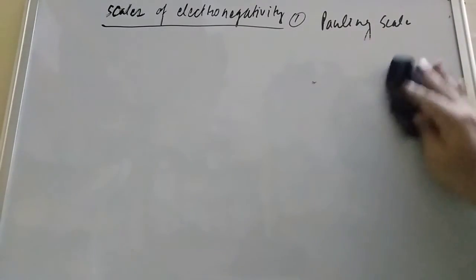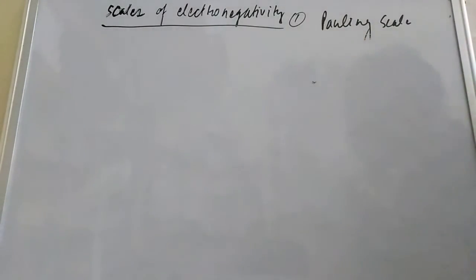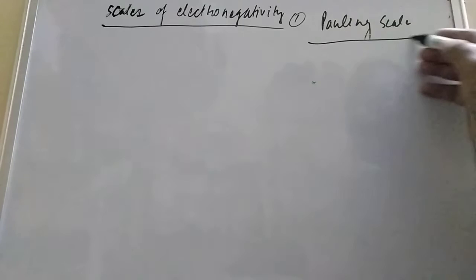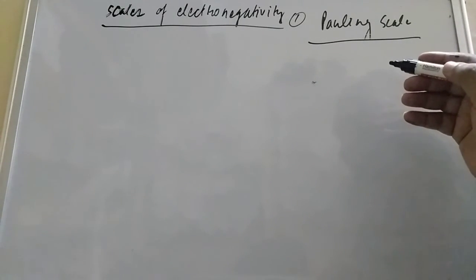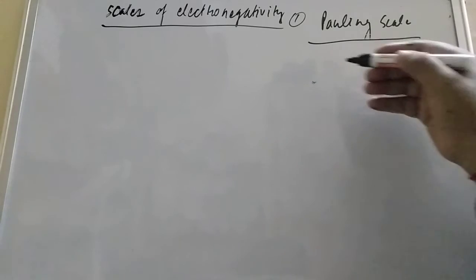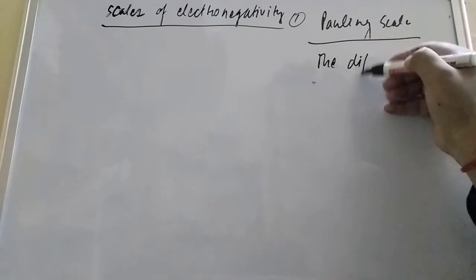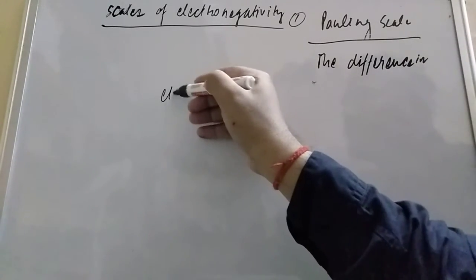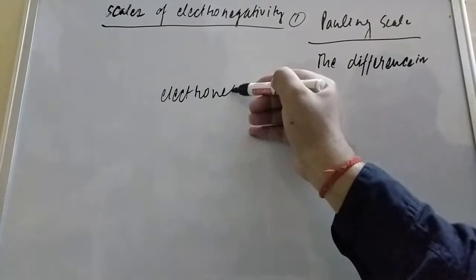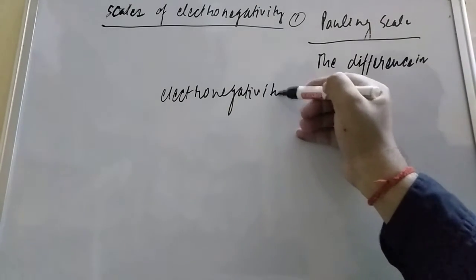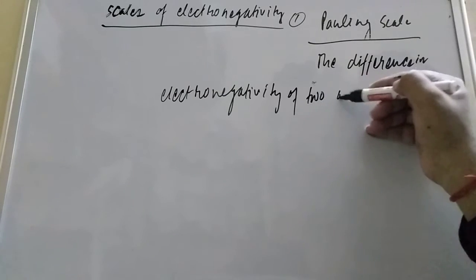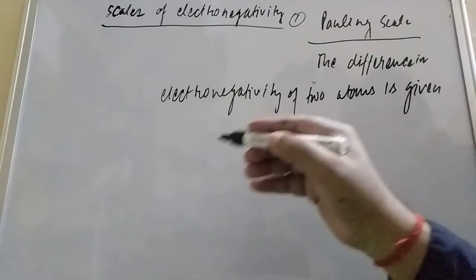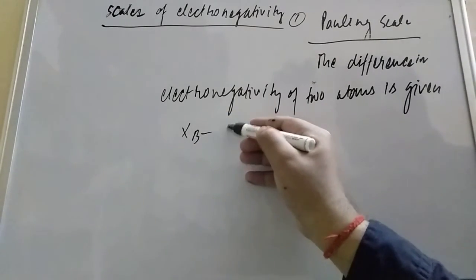In the next video lecture we will learn how to calculate electronegativity. Pauling's scale is based on the difference in electronegativity of two atoms, which is given by xb minus xa.